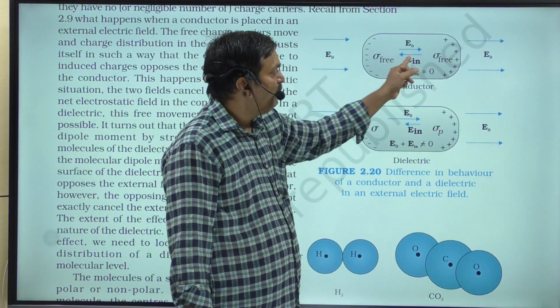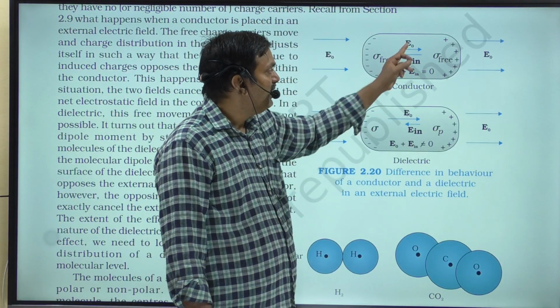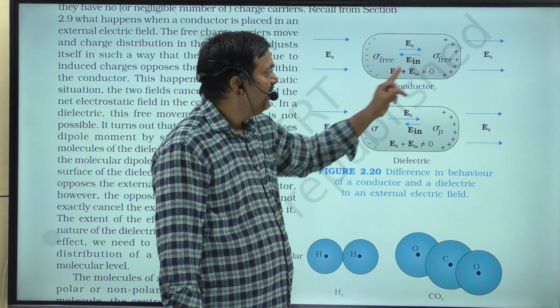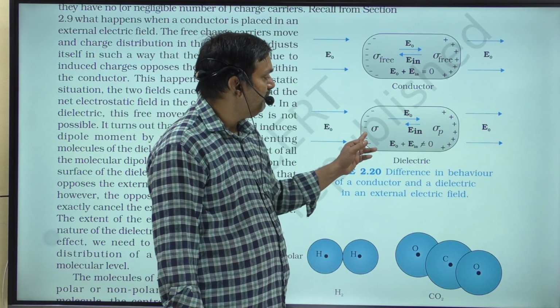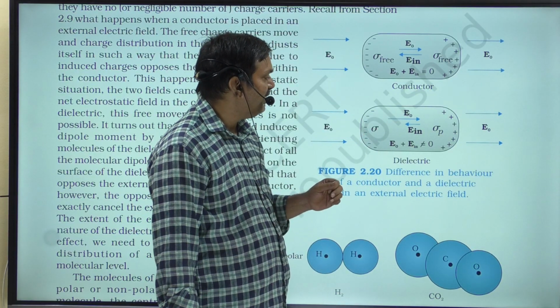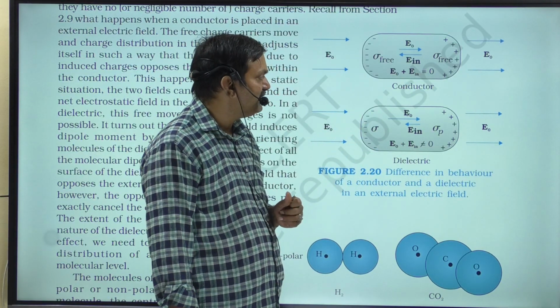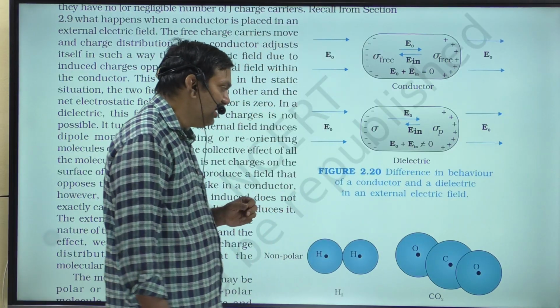Here you see two arrows in opposite direction, equal magnitude. E naught stands for the external or outside electric field, whereas E in is the inside electric field. So E naught plus E in is going to be 0 in the case of a conductor, but E naught plus E in is not going to be 0 in the case of a dielectric, right?